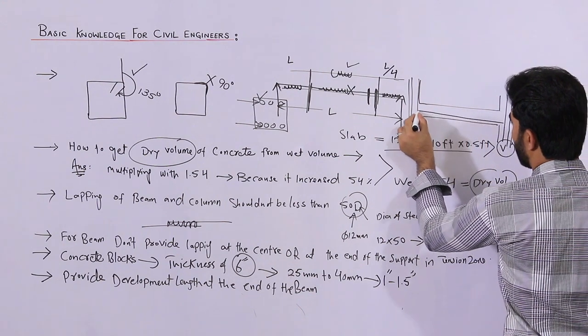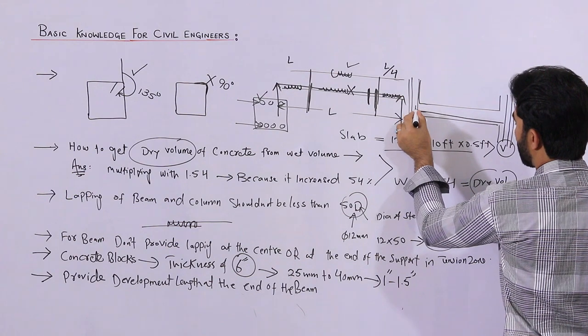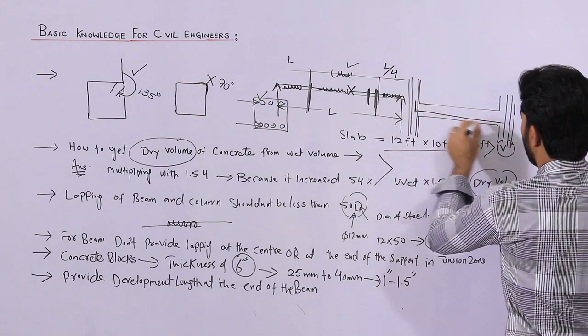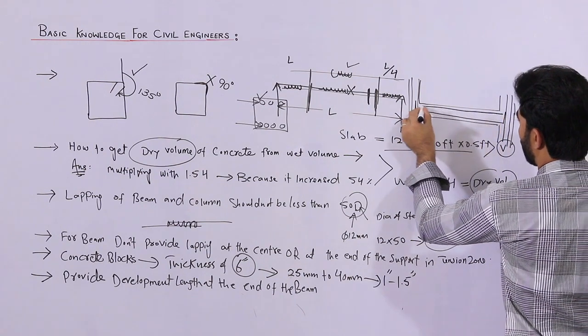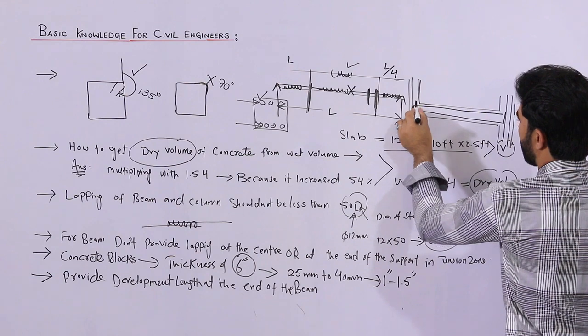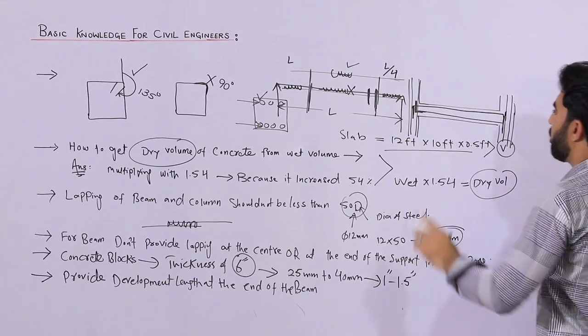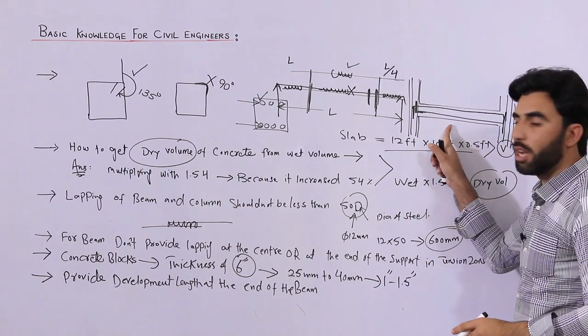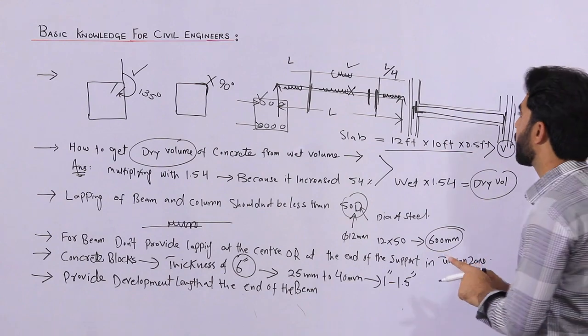So provide development length like this. It will go upside, and the upper steel rods will go to the downward side. This development length makes a good bond between steel and concrete, and we can bind with the RCC column steel reinforcement to make a good bond.